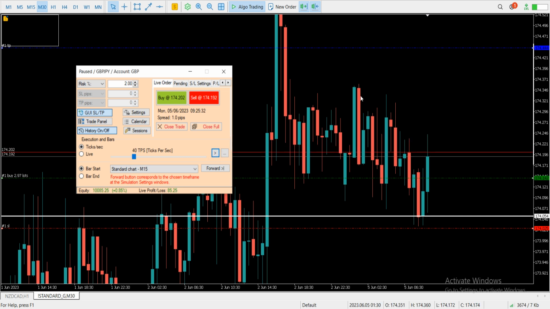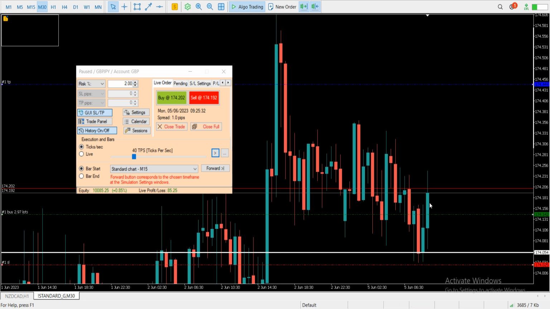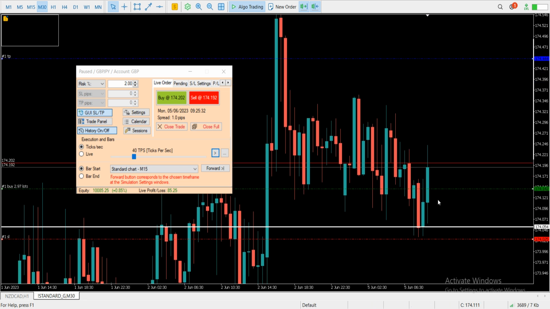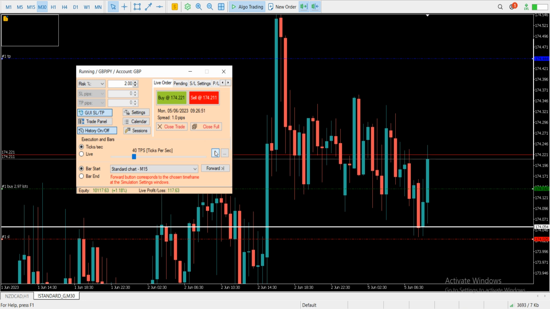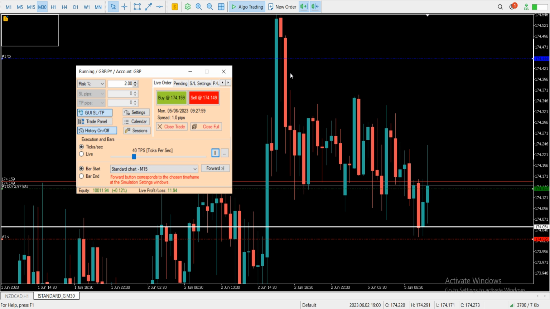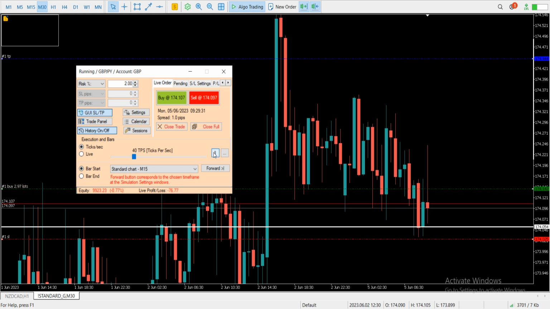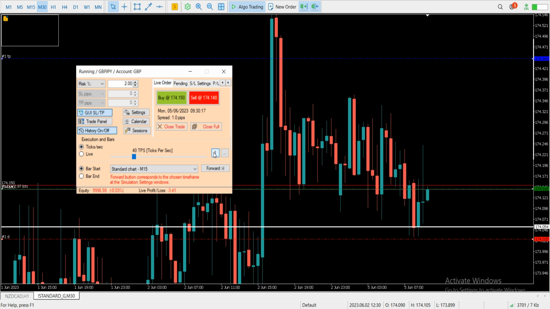If the range to the left is not clear, not clean like this, then these types of things happen. Market rejects, comes down, then goes up, again rejects. So that's the problem. I think I should focus more on clean ranges to the left as well. Well, it closed with a rejection.